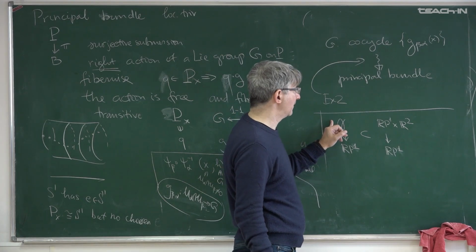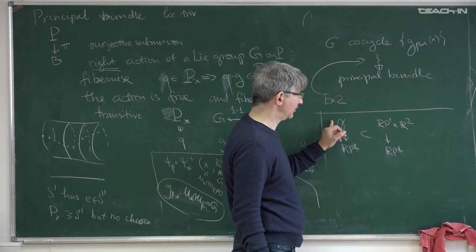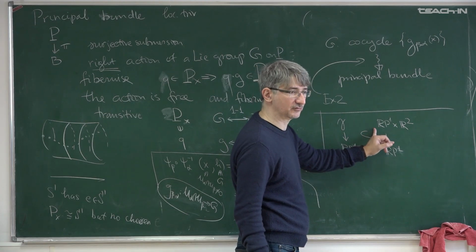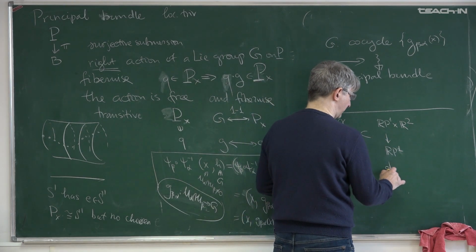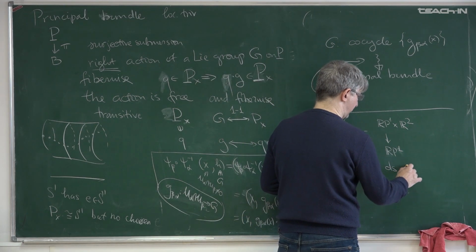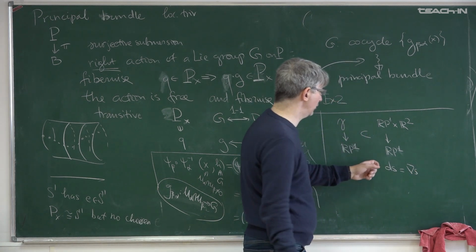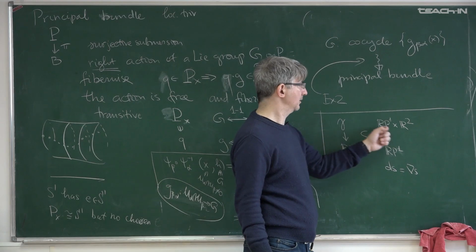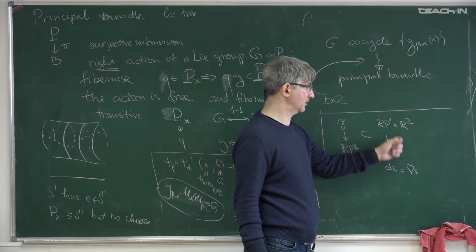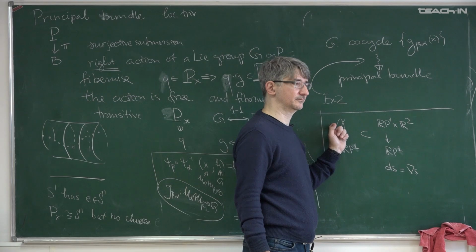Remember it? So my question is how, since this bundle is trivial, you have the trivial connection here. If you want to obtain a connection here, you do the following. You take a section here, embed it here, take the derivative, then project here.